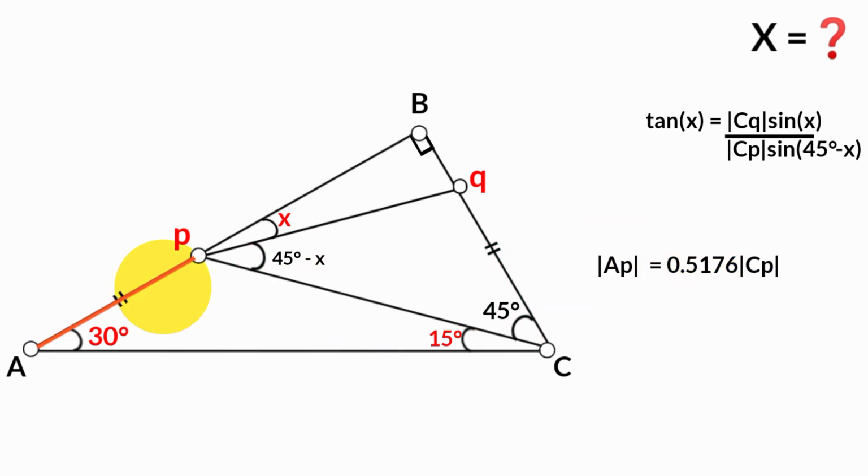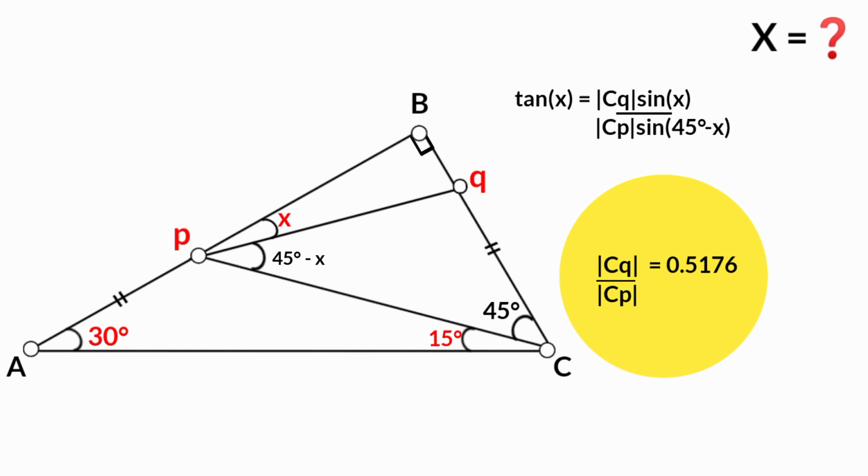Recall, this line AP and this line CQ are equal, so we replace line AP with line CQ. Now line CQ equals 0.5176 line CP. Dividing both sides by line CP, here line CP cancels line CP. Now line CQ over line CP equals 0.5176.